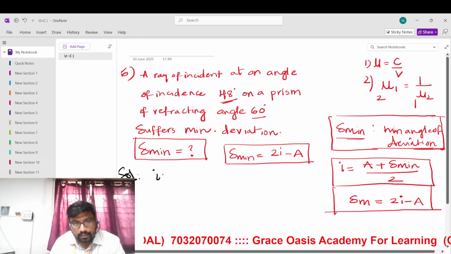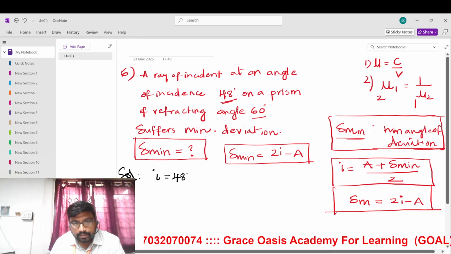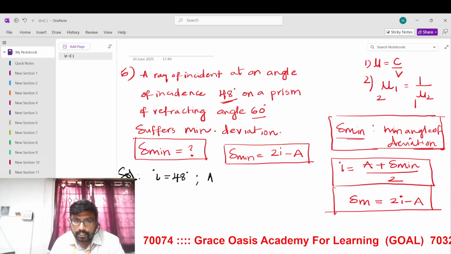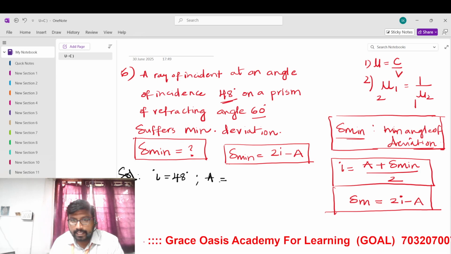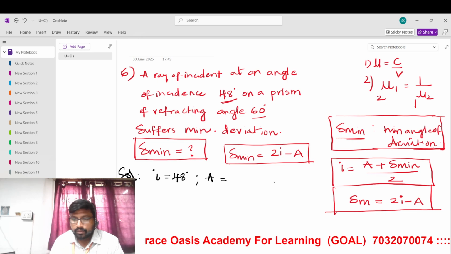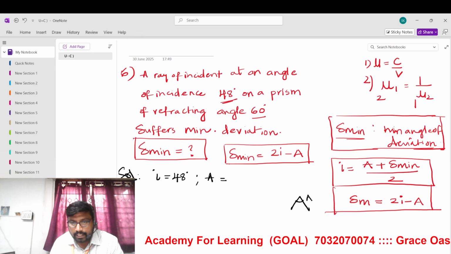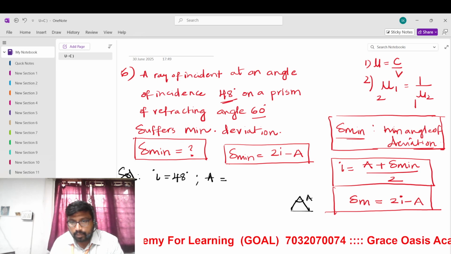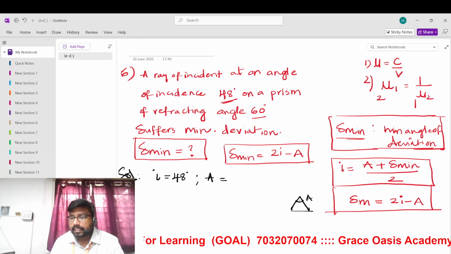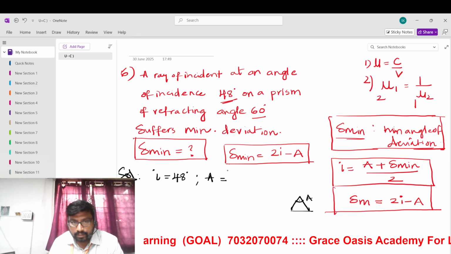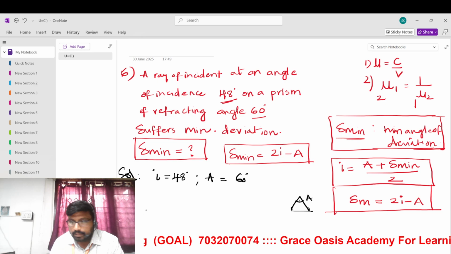So i equals 48 degrees, right? The refracting angle A is also given. Now we are saying the refracting angle is dependent on the prism. This angle A is the prism's top corner. So this angle A is also given, that is 60 degrees, right?